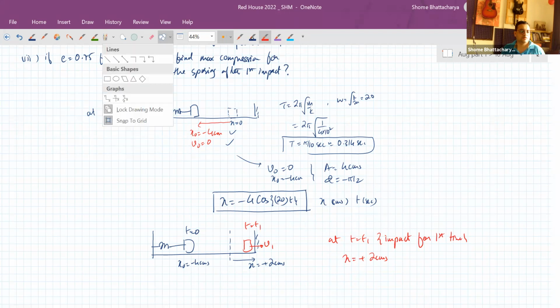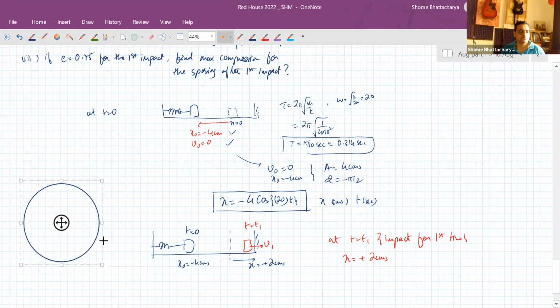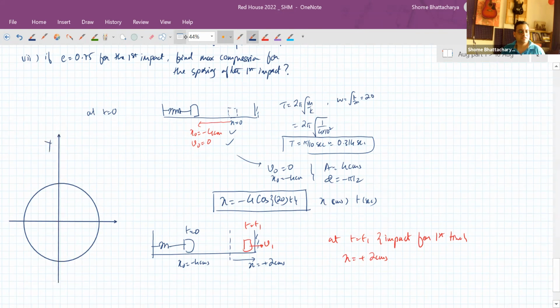The easiest way to find the time would be to go back to this thing, projection of UCM. Very easy way of understanding this. So if we take this as our x-axis, at t equal to 0, it is at minus 4. Now at time t1, it should be at plus 2.